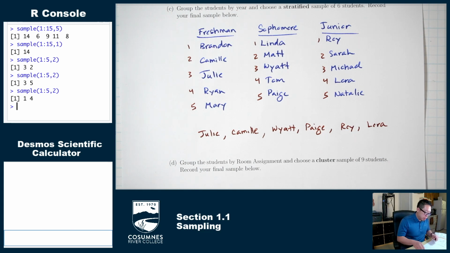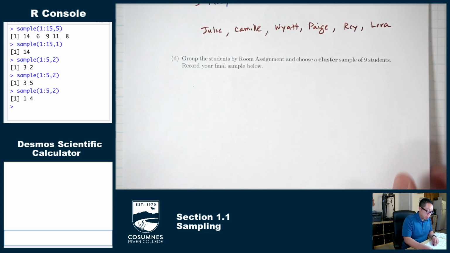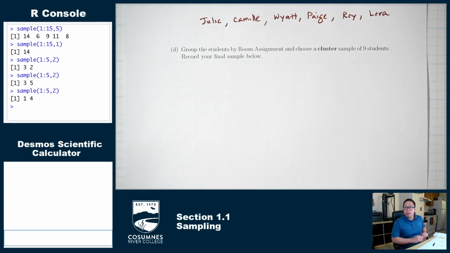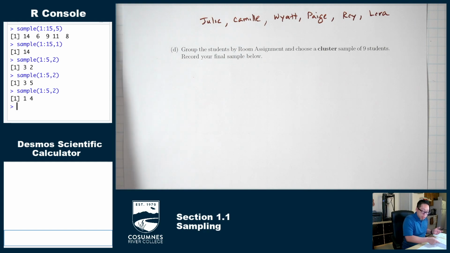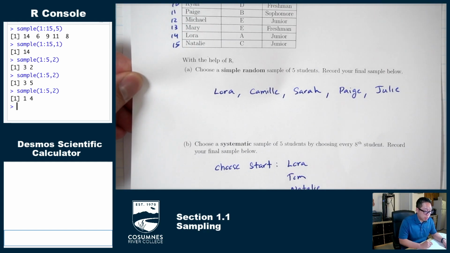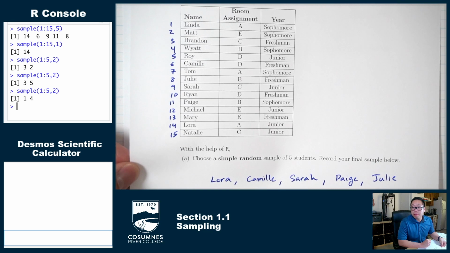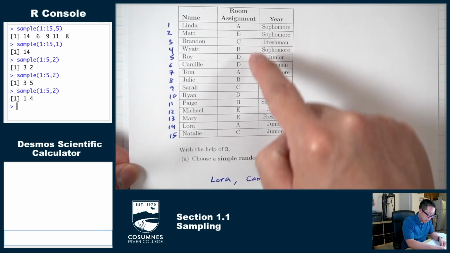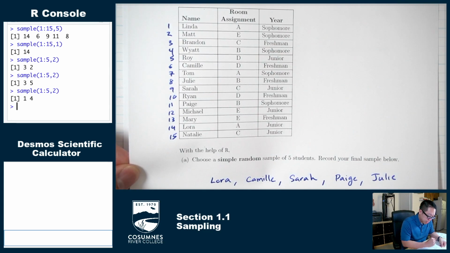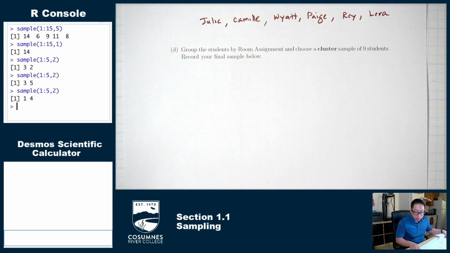Now, what about a cluster sample? Part D. Group the students by room assignment. Choose a cluster sample of 9 students. Record your final sample below. Okay. So now, for my cluster sample, I'm going to group them by their room assignments. Okay, so room assignments, I have A, B, C, D, and E. Okay, so let me now group them by rooms.